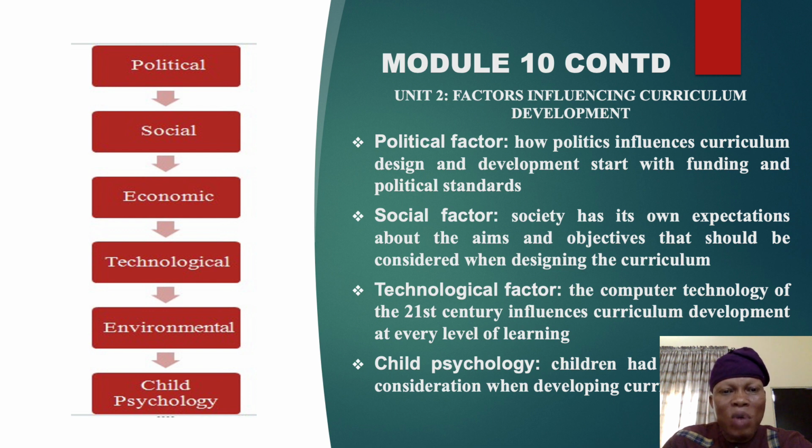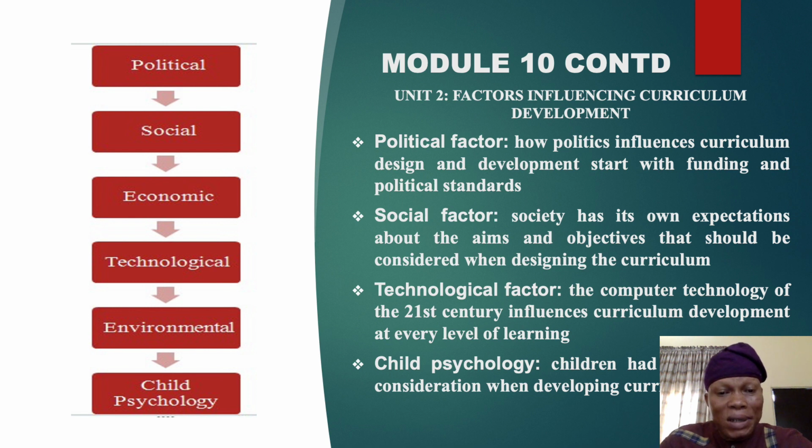How politics influences curriculum design and development start with funding and political standards. Both private and public educational institutions rely on funding for hiring personnel, building, and maintaining facilities and equipment. All aspects of curriculum depend on local, state, and national political standards.